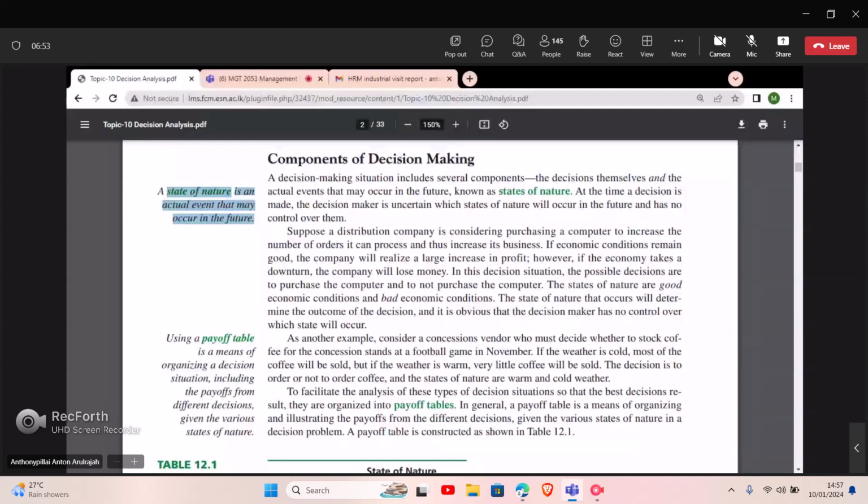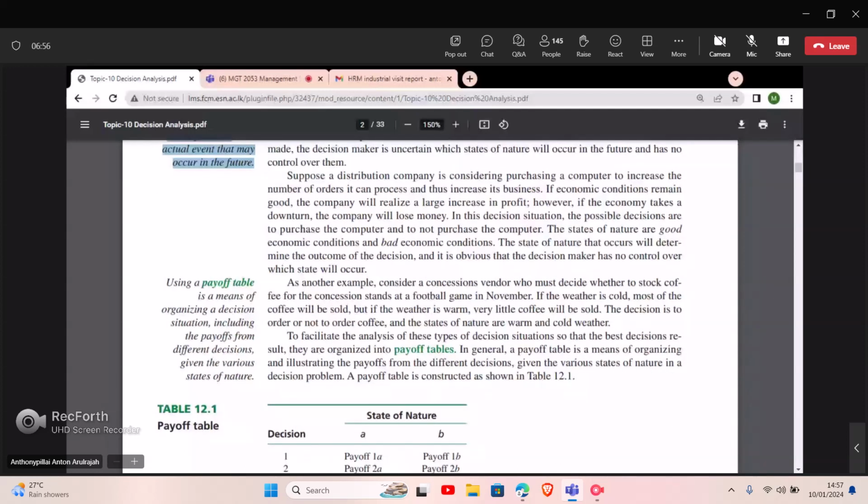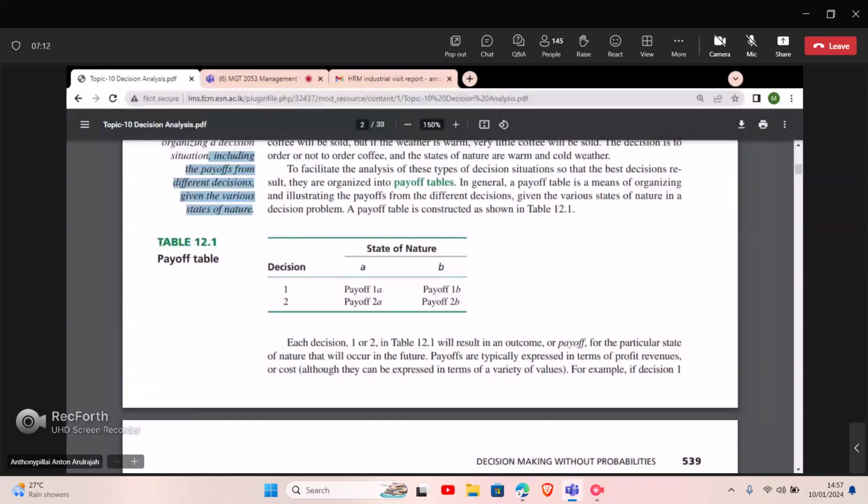The third one is the payoff table. A payoff table organizes the decision situation, including the payoffs from the different decisions given various states of nature. In this example template, the states of nature are A and B, and there are two decisions, one and two.